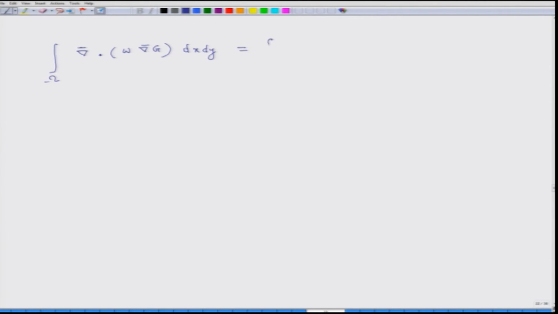So, this is equal to, first I operate on w and then take the inner product with gradient of g. So, the gradient of w and the gradient of g, the inner product of these two, plus w times grad square of g, dx dy.